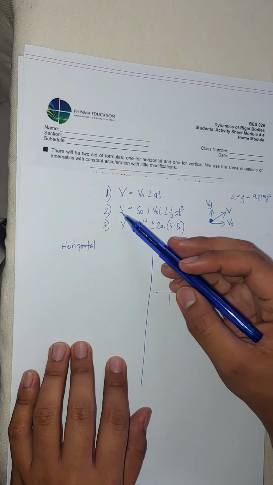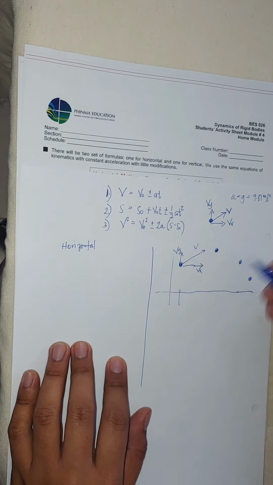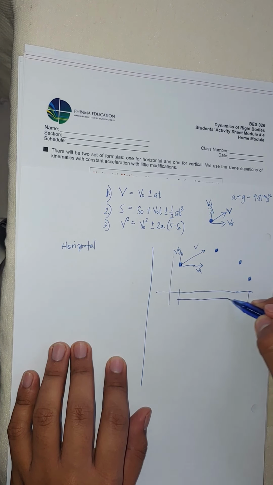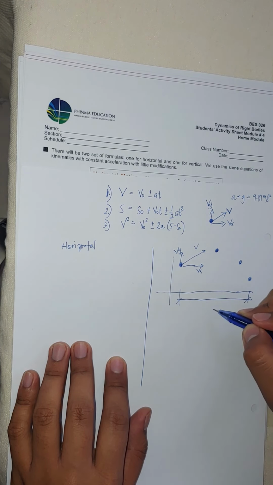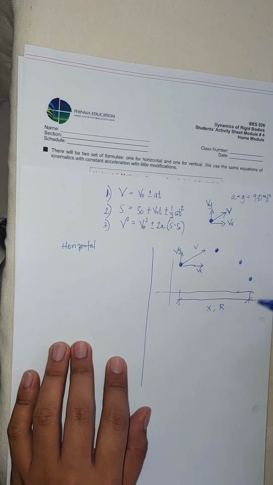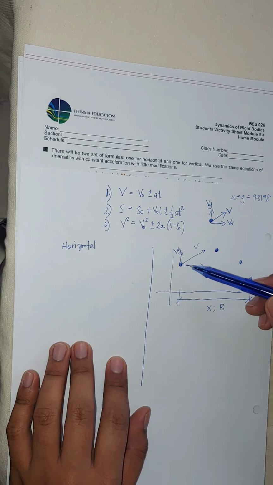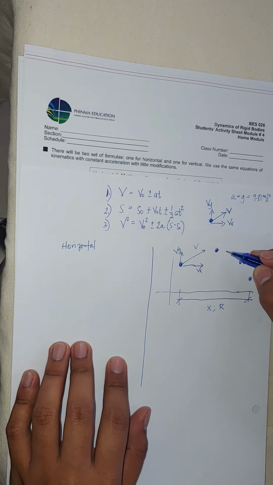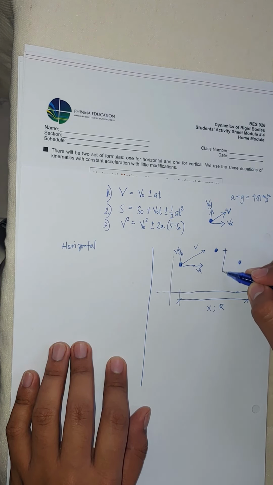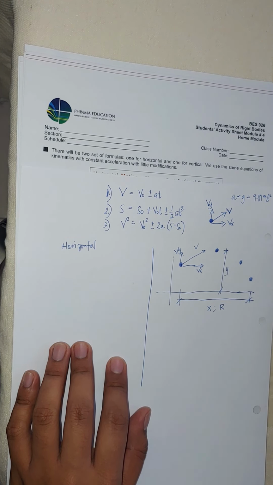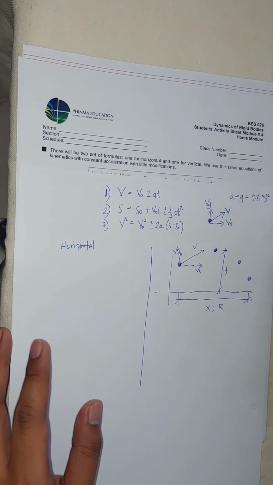Instead of using the s position, we use the x, or sometimes we use the r or range. The range is the total distance traveled by the particle from the starting position to the final position. And for the vertical component, we use y or h, depending on the situation.